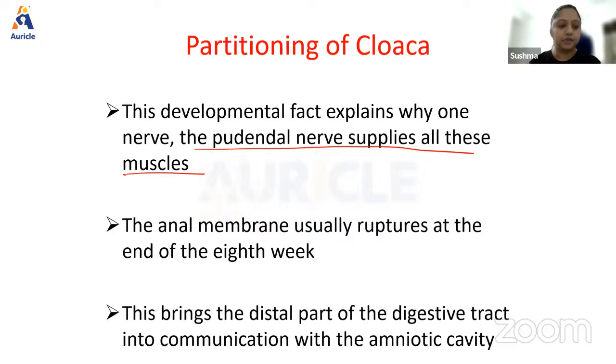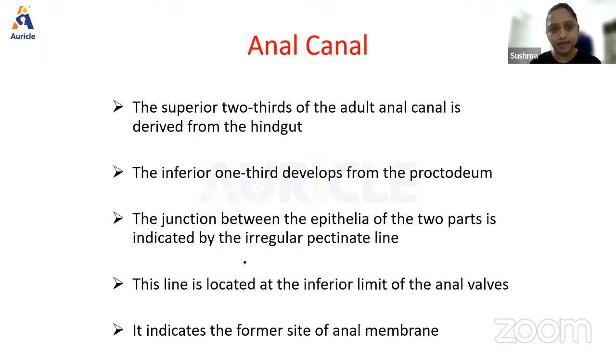Next, the anal membrane usually ruptures at the end of the 8th week and brings the distal part of the digestive tract into communication with the amniotic cavity. Then the anal canal. Again, guys, it's not very important for you. I'm just going through this because it gives a nice sense of completion of the topics.